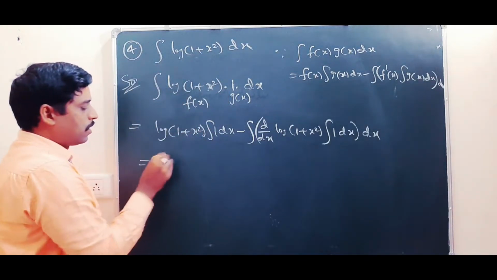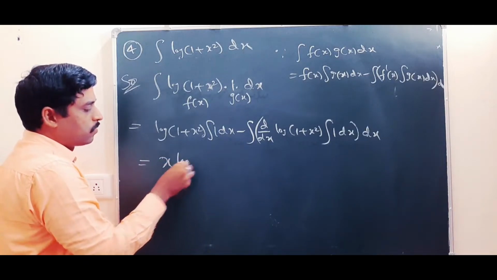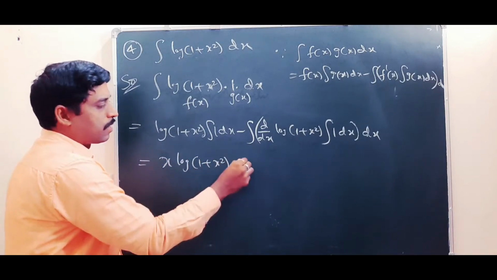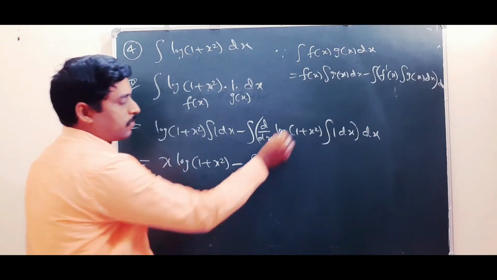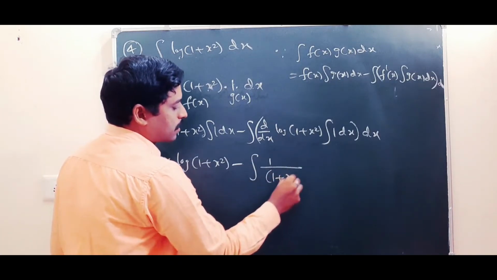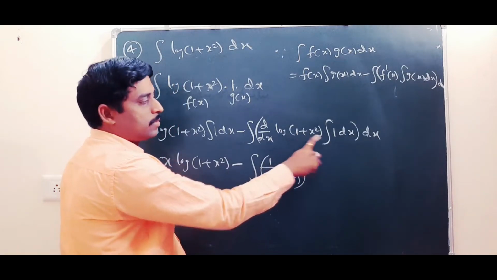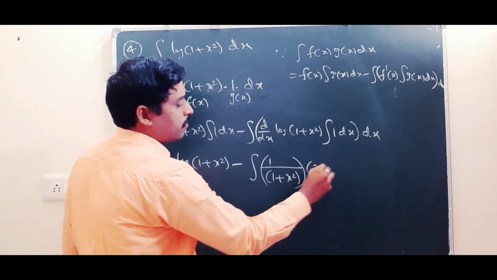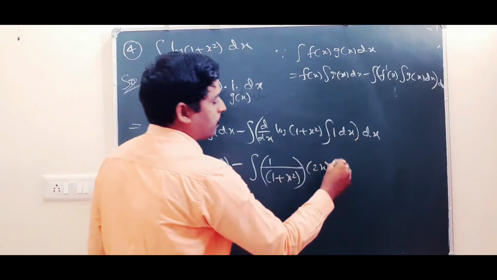Okay, so integral of 1 dx value is x. So x into log of 1 plus x square minus differentiation of log of 1 plus x square, it will be 1 by 1 plus x square into differentiation of 1 will be 0. Differentiation of x square we get 2x by using the chain rule. Integration of 1 dx is x.